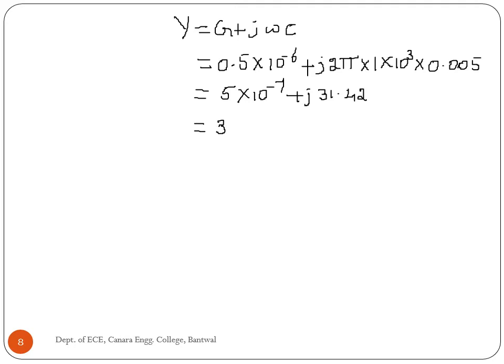Convert the rectangular form to polar form, that is 31.42 angle 89.99 degree.